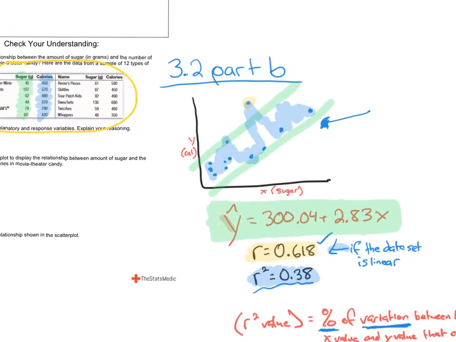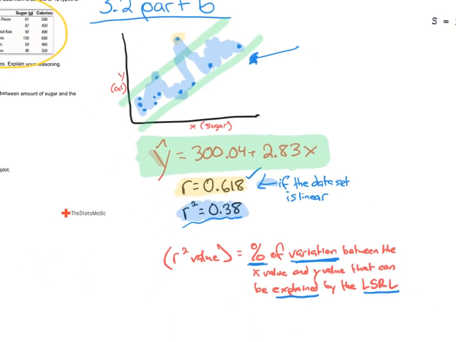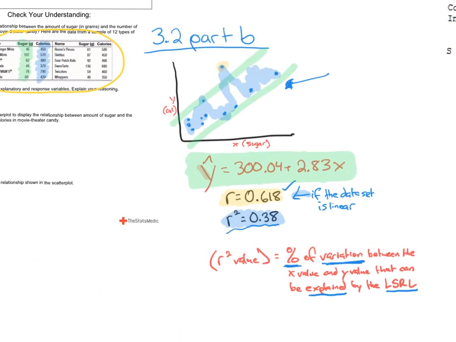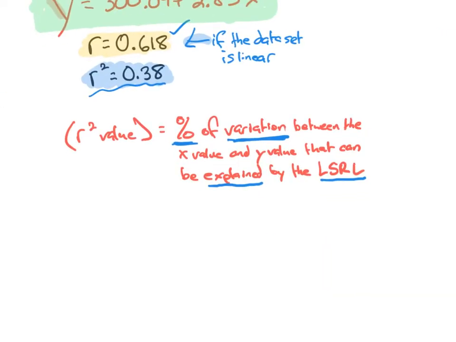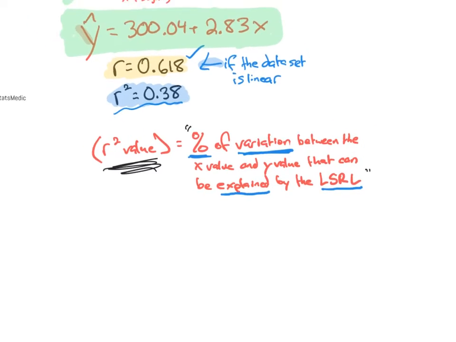It's just one of the explaining factors of calories. So only 38%. So here's what I want you to do. Know this definition for r squared value, because you'll see it almost written like that in AP multiple choice, right? So we want to know that right there.